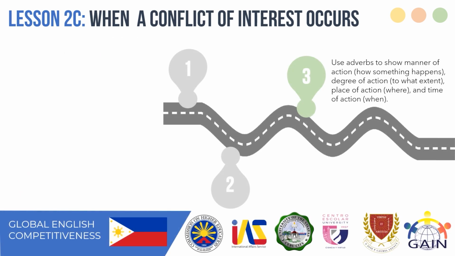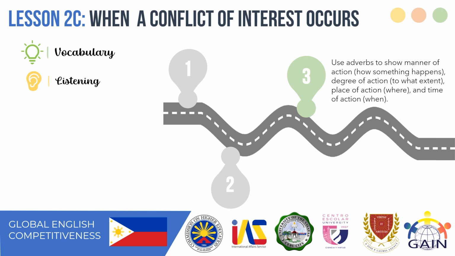And with that, we have covered our third can-do objective, which is to use adverbs to show manner of action, degree of action, place of action, and time of action. In this lesson, we tested your vocabulary on terms related to the concept of conflict of interest. We also listened to an audio clip of two friends discussing conflict of interest.